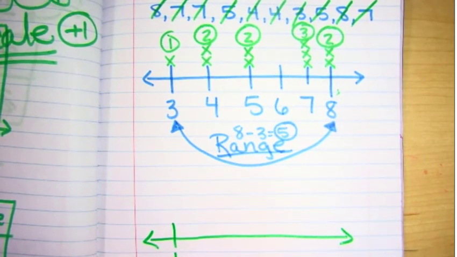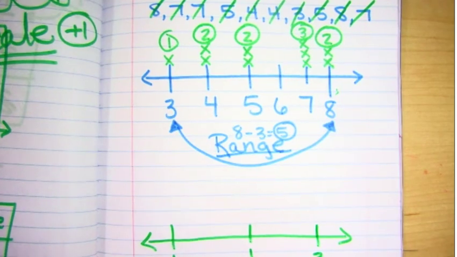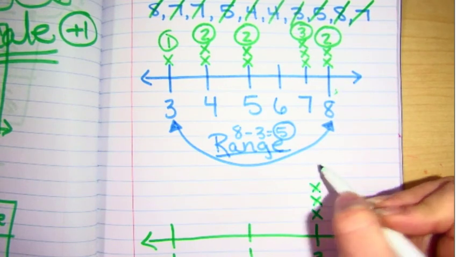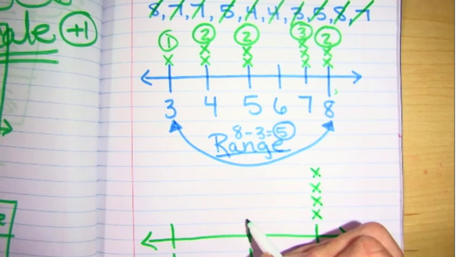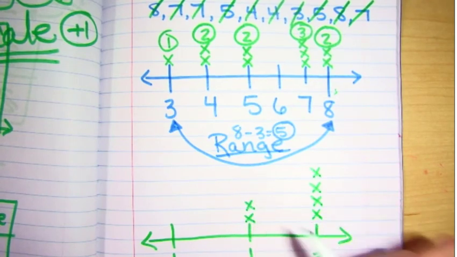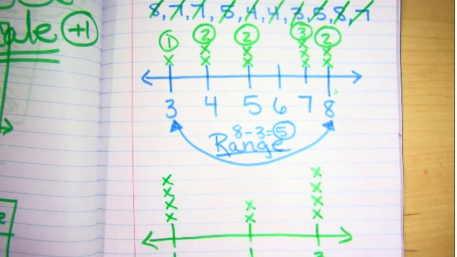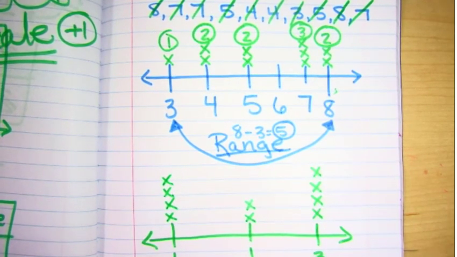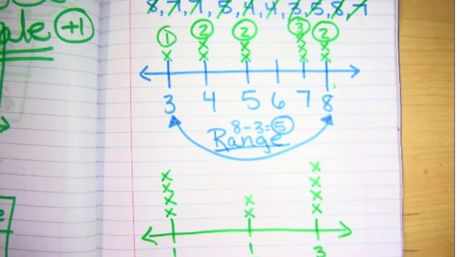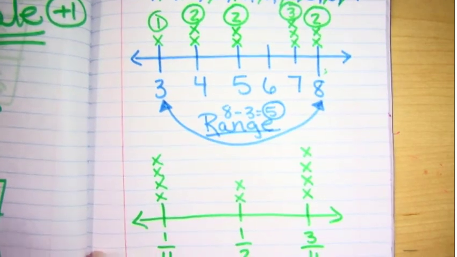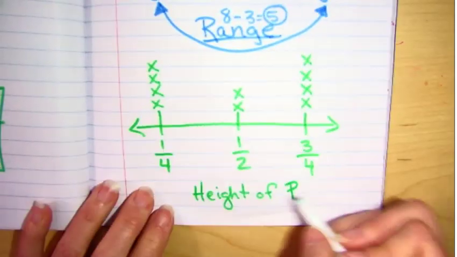If I have one that looks like this, and let's say I'm measuring height of plants I'm growing, and I say this is a dot plot on height of plants.